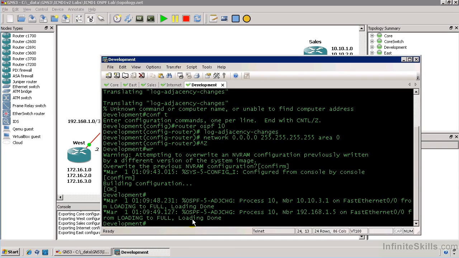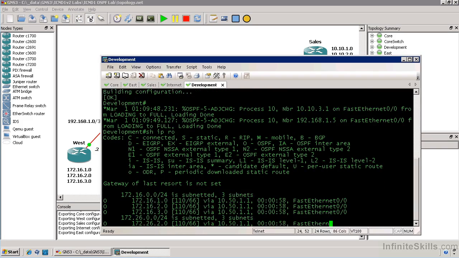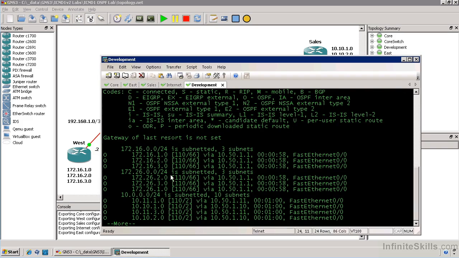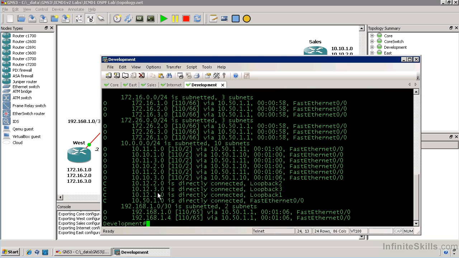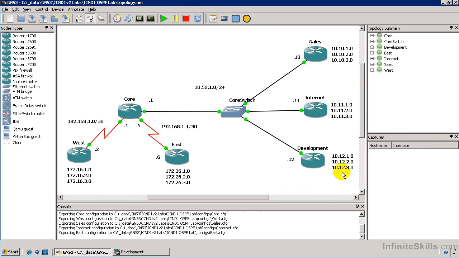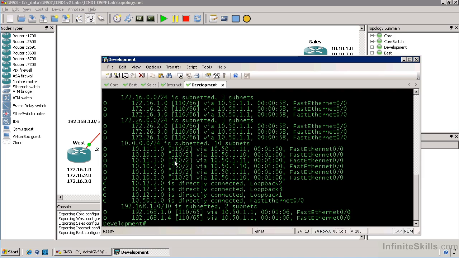Let's look at our IP routing table now. So if we go over to development and do show IP route, we have routes all over the place to 172.16, 172.26, 10.11, 10.10. We also have the connected routes to the 10.12, which is the network we happen to be on over here. And life is happy and grand.